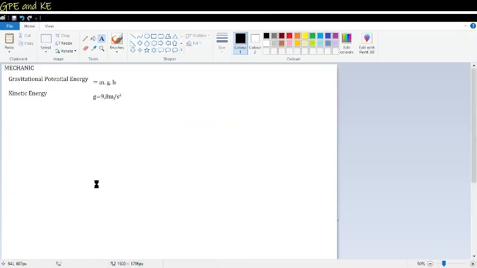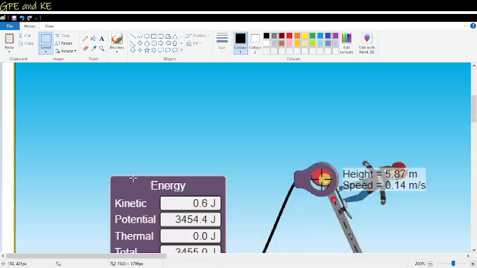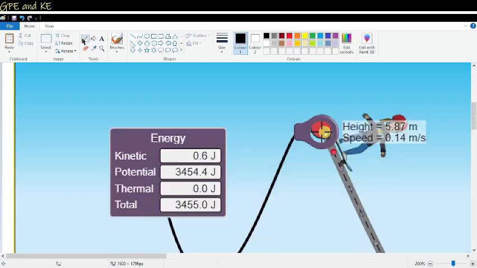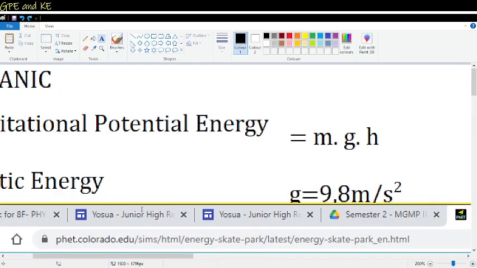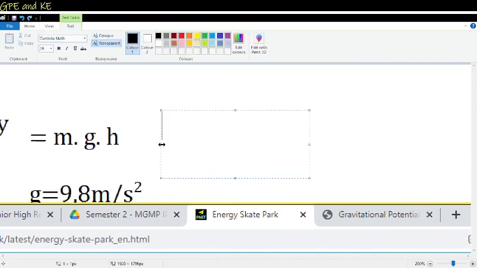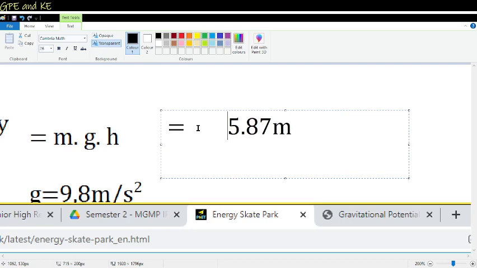Okay, let's calculate. First, the height is 5.87 meter.